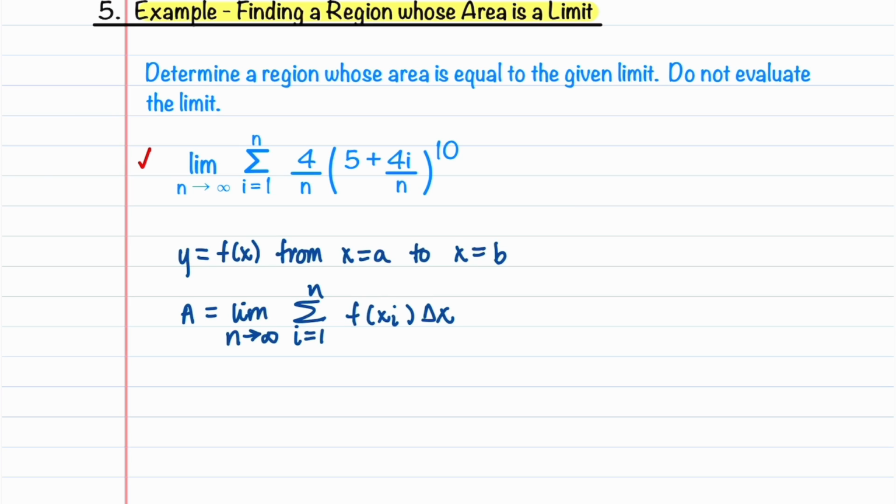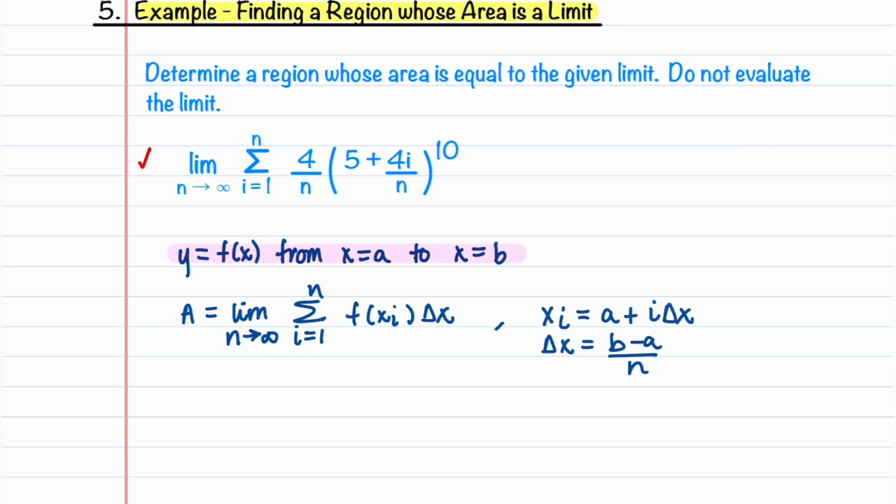You also need to write down the formula for x sub i and delta x. x sub i is equal to a plus i delta x, and then delta x is equal to b minus a over n. Our region is the area under the curve y is equal to f of x from x is equal to a to x is equal to b.